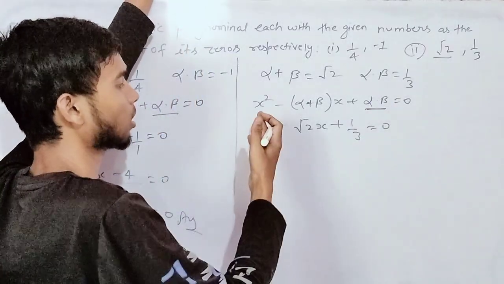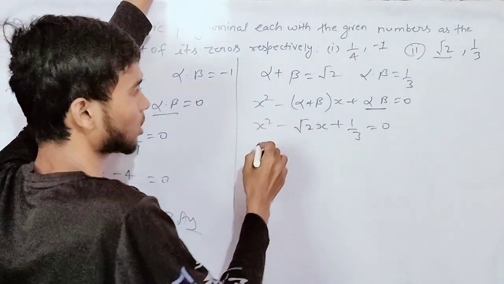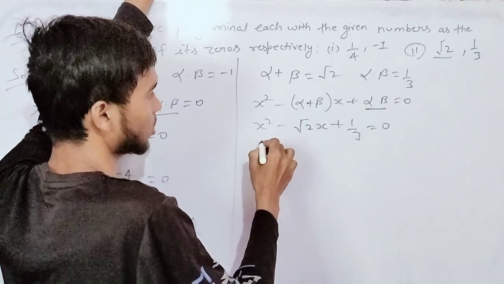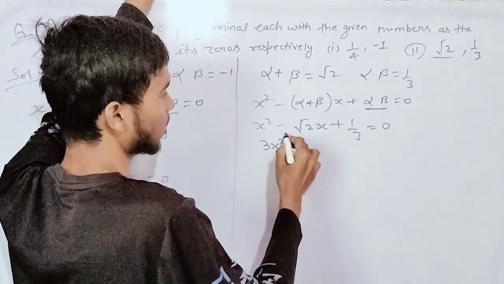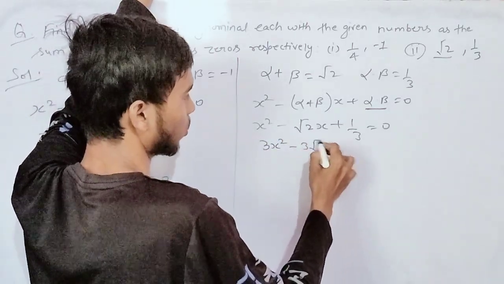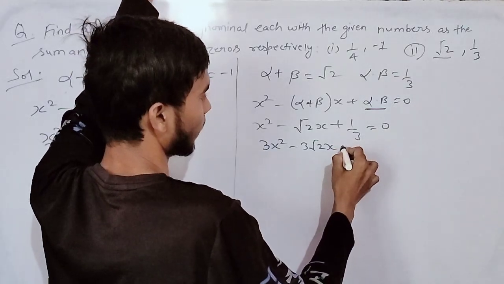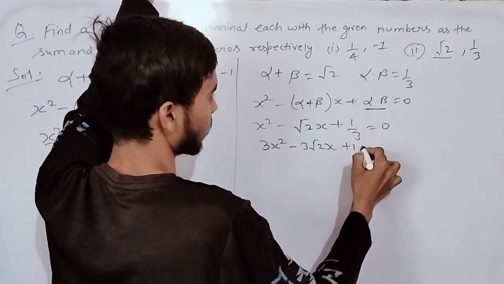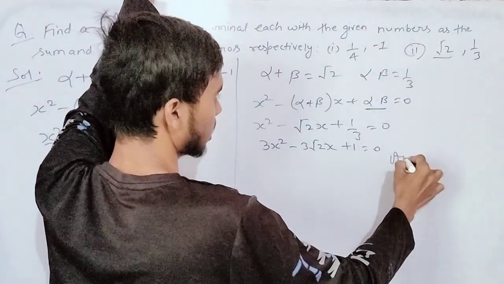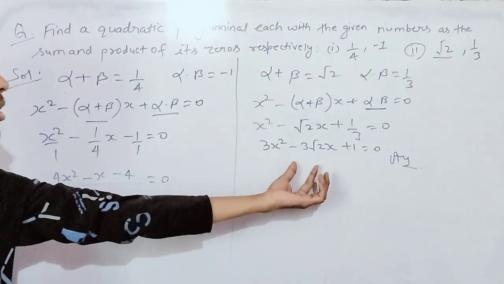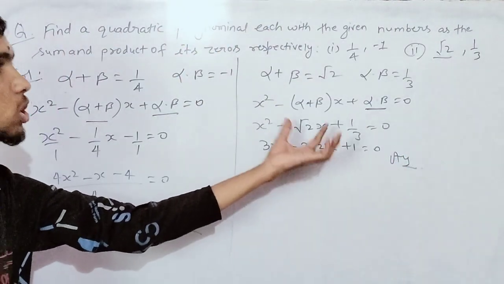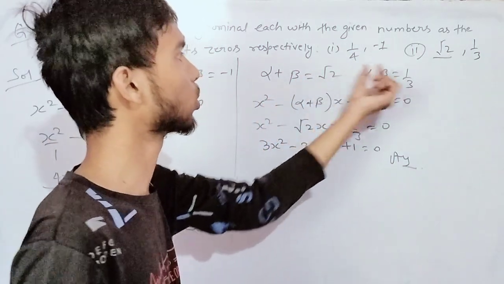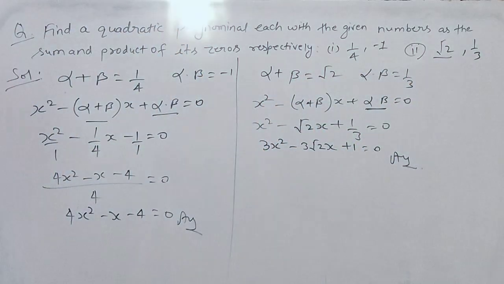You can simplify it further: 3x square minus 3 root 2x plus 1 is equal to 0. That's it. So this is a quadratic polynomial whose zeros are root 2 and 1 upon 3. Clear?